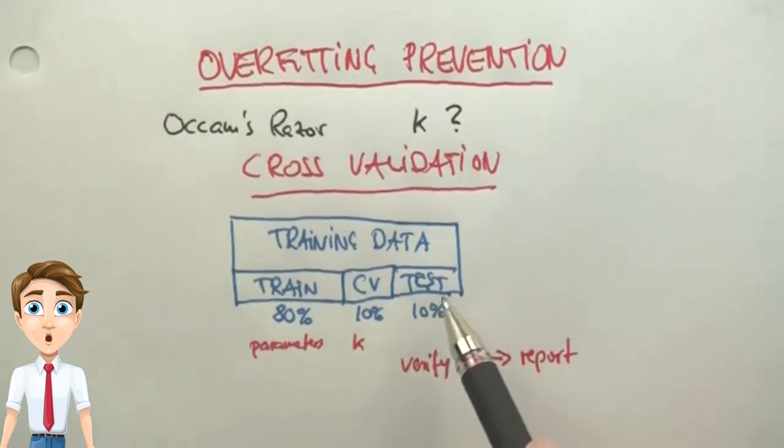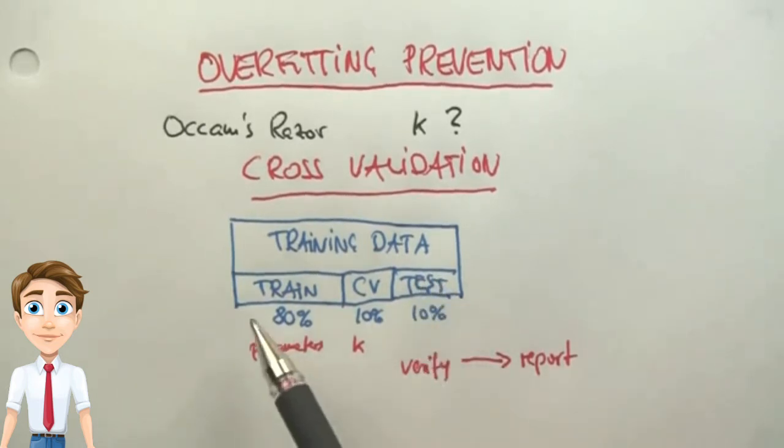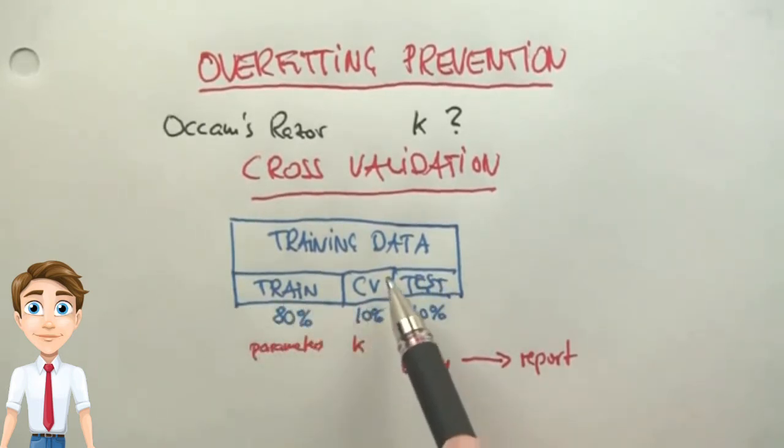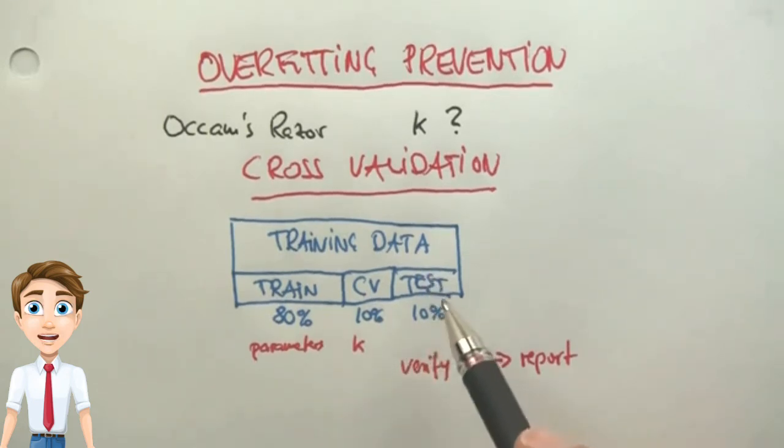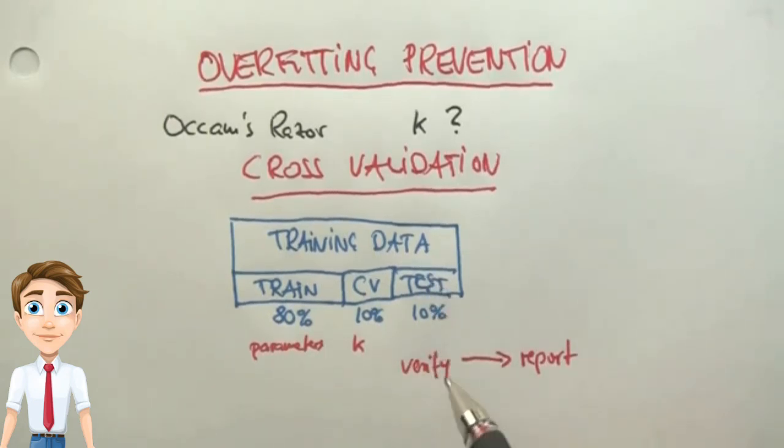By keeping the test data separate from the beginning and training on the training data, you use the cross-validation data to find how good the training data is doing under unknown parameters such as K, to fine-tune the K. And then finally, only once use the test data, you get a fair answer to the question, how well will your model perform on future data?